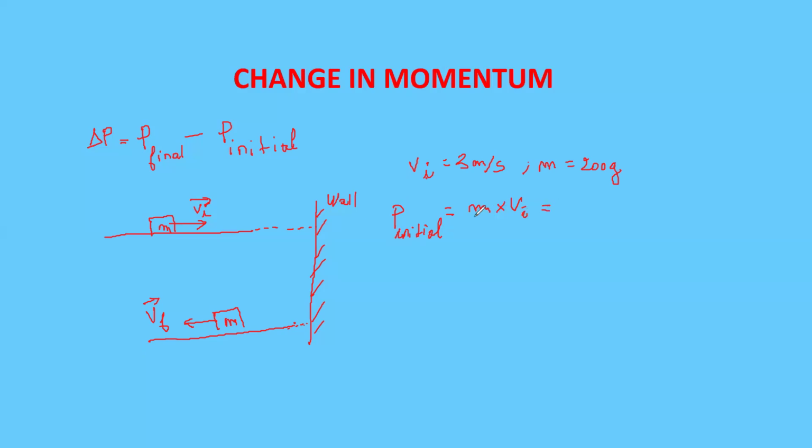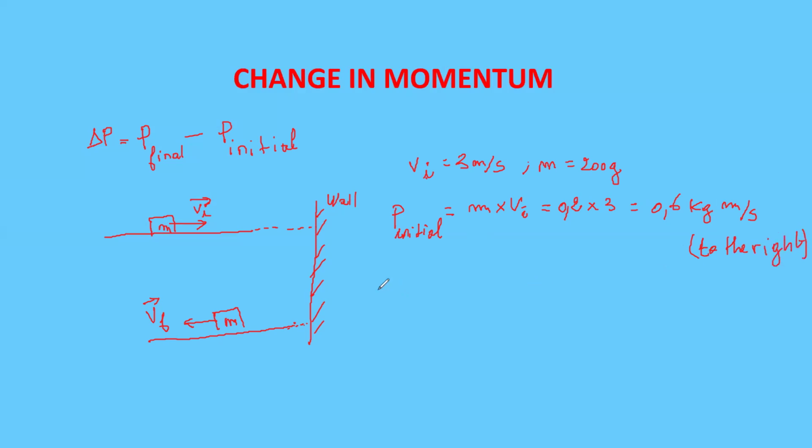And m must be in kilograms in the SI system, so I have to convert the 200 grams to 0.2 kilogram. Multiplied by 3, I obtain 0.6 kilogram meter per second. This is the initial momentum, and the direction is rightwards, to the right.